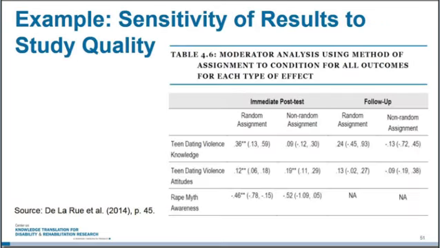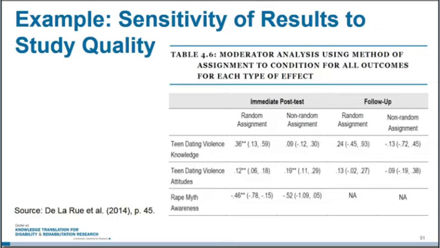Okay, so what I have here is an example of an analysis of why studies might vary, based on studies that used random assignment versus non-random assignment. This is, again, the teen dating violence example. If we just look at the first row, these are the effect sizes for teen dating violence knowledge, for studies that used random assignment and studies that did not.